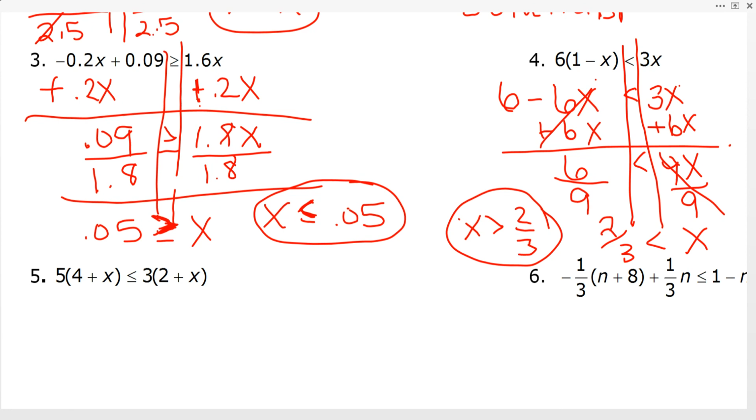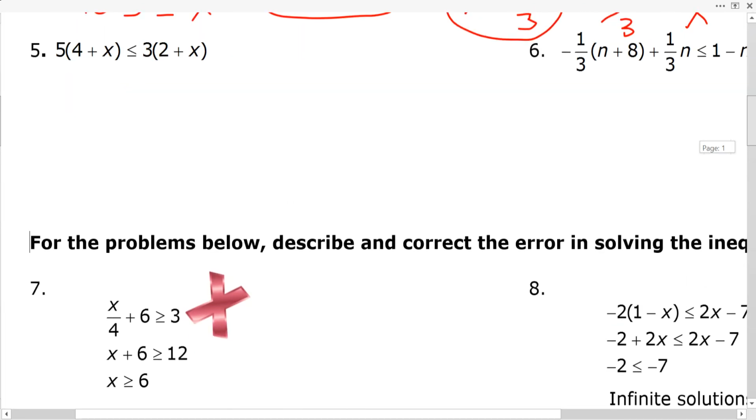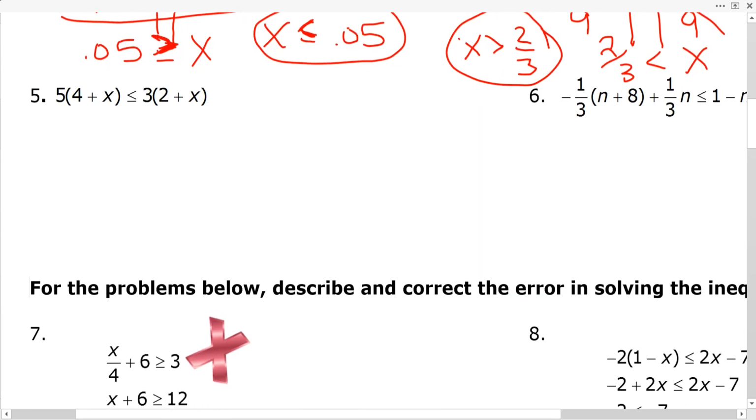Okay, number 5 has distributing on both sides. So I'm going to have 20 plus 5x is less than or equal to 6 plus 3x. I'm going to subtract 3x from both sides.